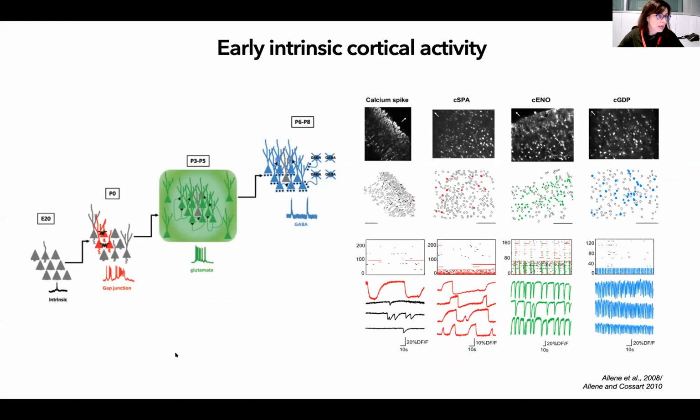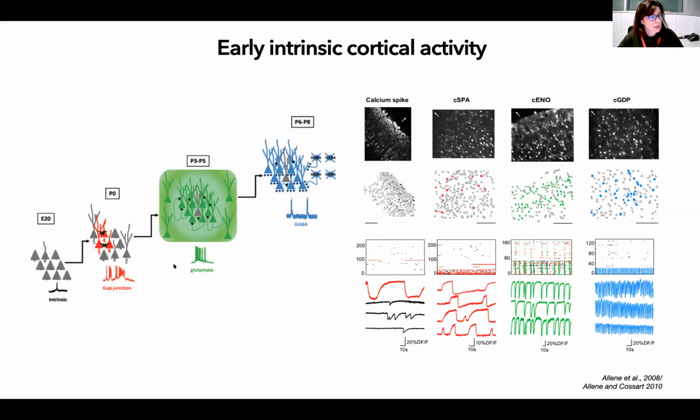We know that in the cerebral cortex, early in development, there are events of calcium activity starting as sparse events as early as E20, that then evolve into organized patterns of synchronous activity, such as the ones happening at P0, the red events that are synchronous plateau assemblies with long dynamics.